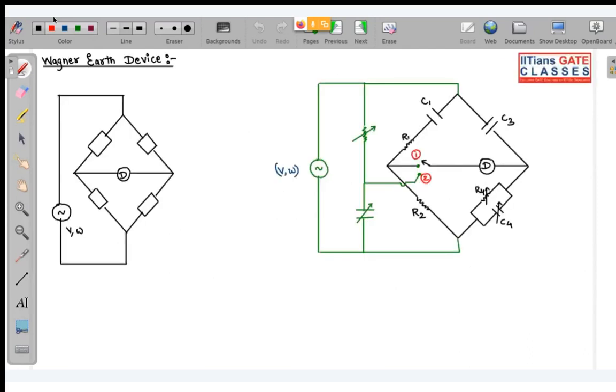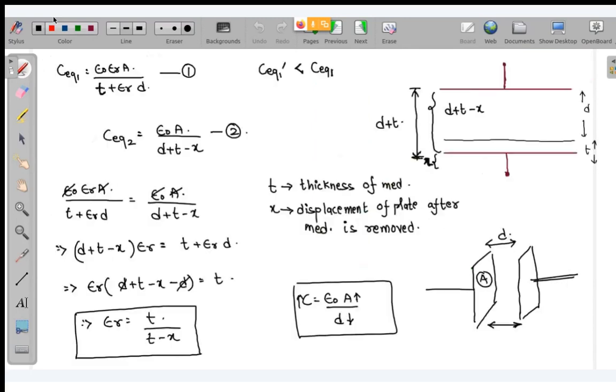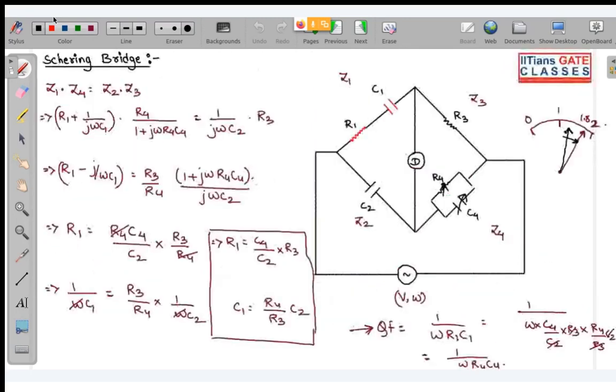So the Wagner Earth device. What is this Wagner Earth device? See, when we measure any capacitance, a 1 farad capacitor, this is a very high value. Have you seen a 1 farad capacitor anywhere?